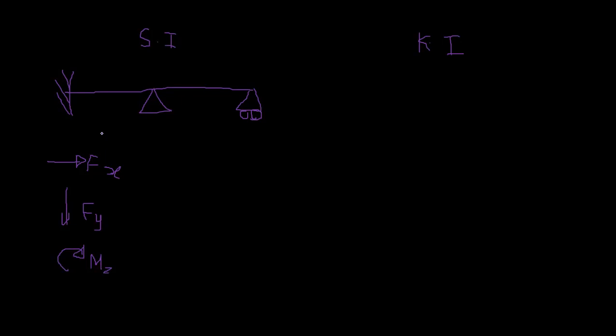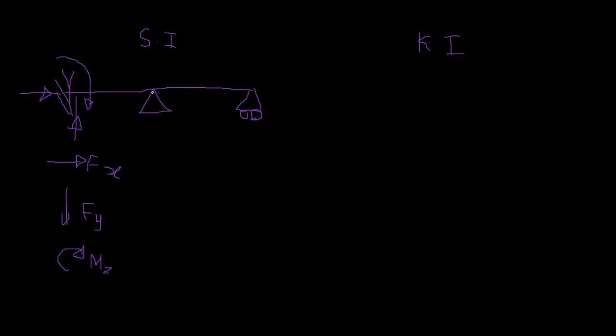So we have this. If it is a fixed support, it restrains each of these movements. That means it can have a reaction in this direction, a reaction in this direction, and it can resist moment in this direction.